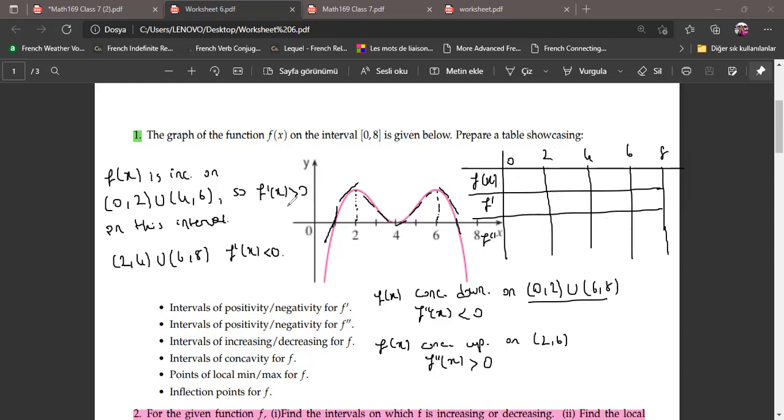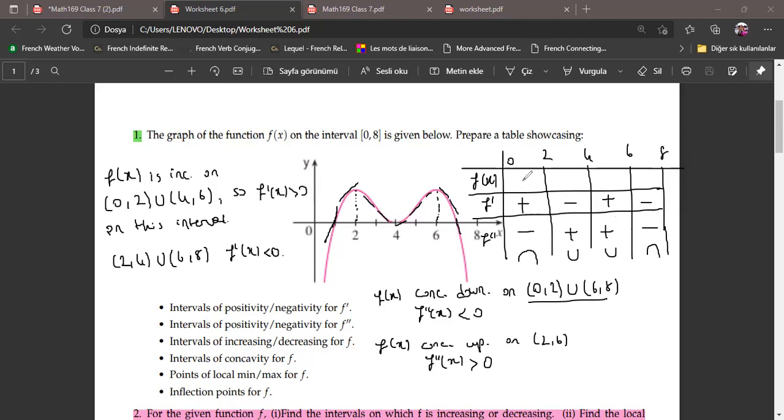So what did we say? We said f prime is positive on 0 to 2 and 4 to 6, and negative on the others. And f double prime is less than 0 on here and here, and upward in between, right? So it's downward here, upward, upward, and downward.